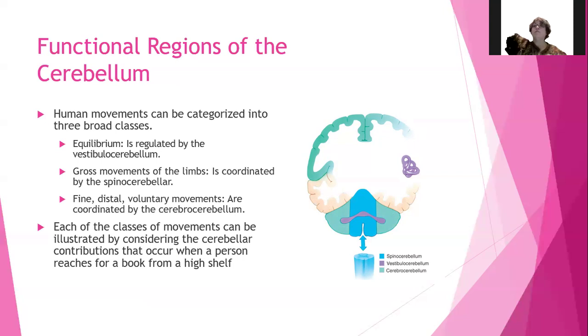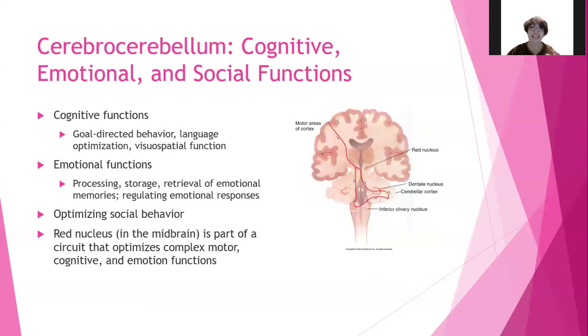So it requires equilibrium. You have to stay balanced because you look up and tilt your head back and you get vestibular input. And you have to lift your arm up, so that's gross movement. And then you have to have fine voluntary distal movement to grab the book. So the cerebellum is working for us all the time. Thank your cerebellum if you haven't already today.